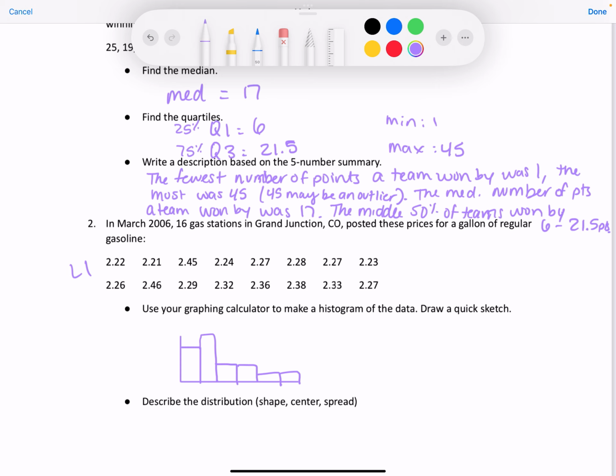I manually turned one on and the other 2 were off. See, I got it all nice and pretty now, but it looks different. Mine must not have been in stat plot 1 either.